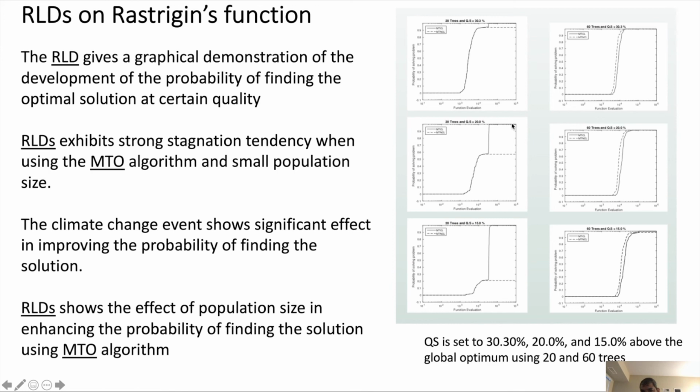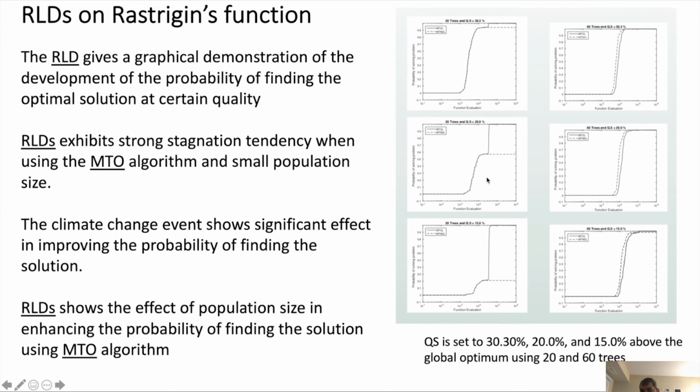MTO with climate change. However, the MTO in some cases exhibits strong stagnation, as we can see here, and these are different solution qualities: this one 15, this one 20, and this one 30.3.